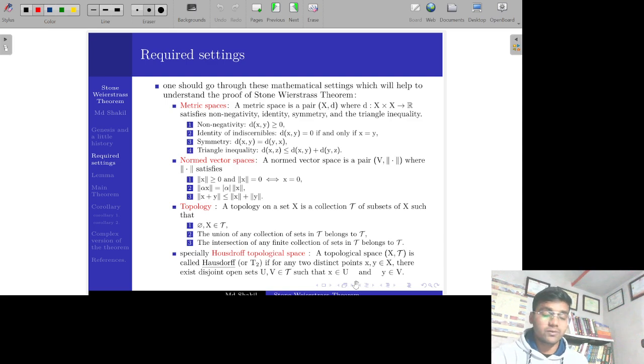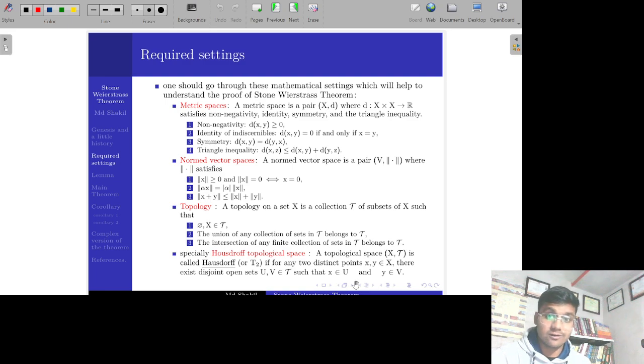Elements of a topology are called open sets. In higher mathematical areas, in pure mathematics, when we talk about abstract structures like topology, the elements of the topology itself are called open sets. So what is a Hausdorff topological space? It is a special kind of topological space.